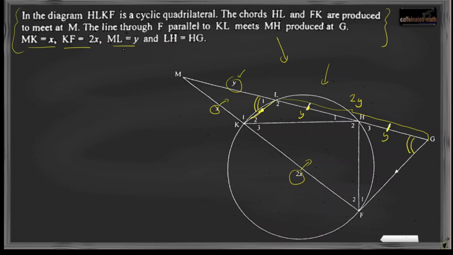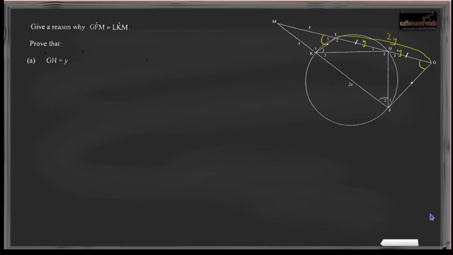Okay, let's see. So as you can see, I've prepared that over there. First things first, give a reason why angle GFM, let's have a look at where that is, G, F, and M towards there, is equal to angle LKM.